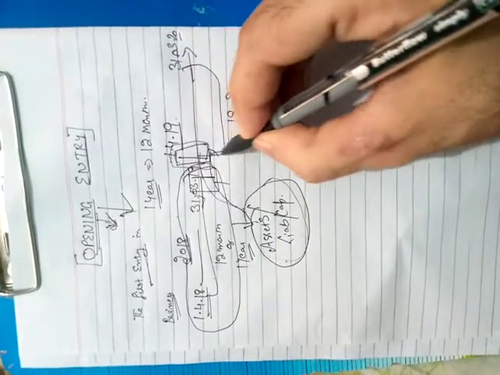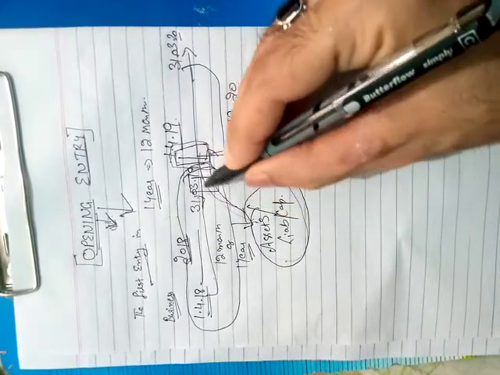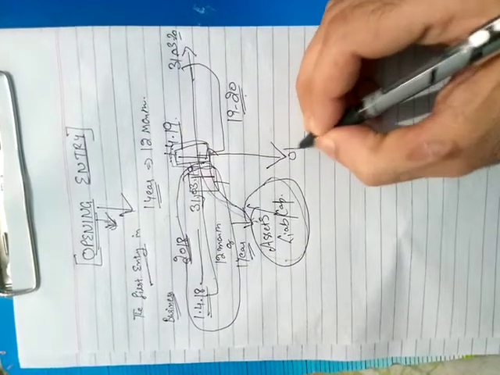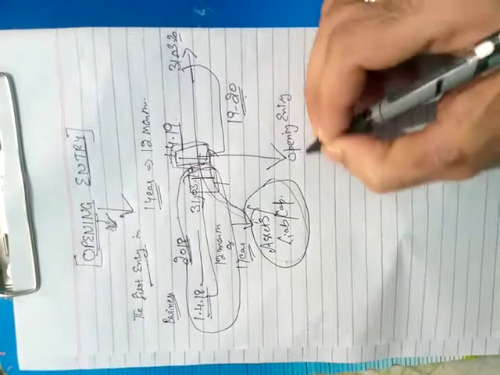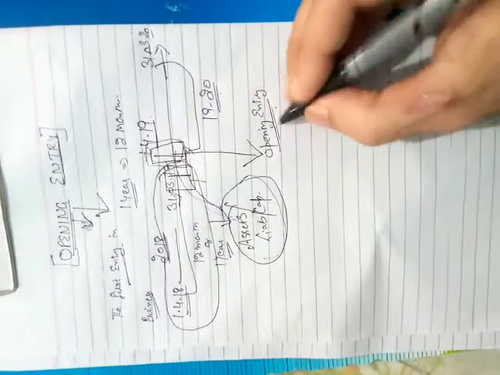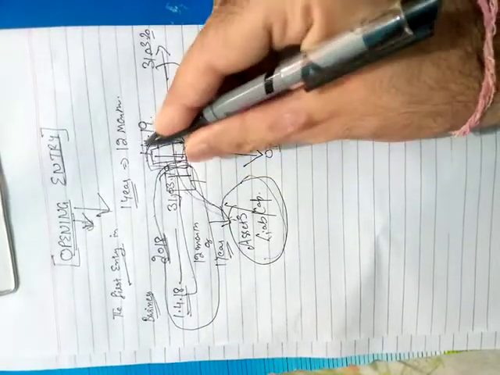And how will those balances be transferred? We have to pass an entry, and that entry is called opening entry. And that opening entry will always be passed on what date?